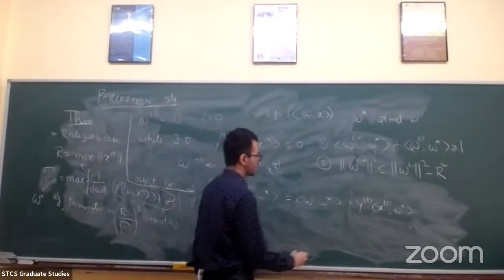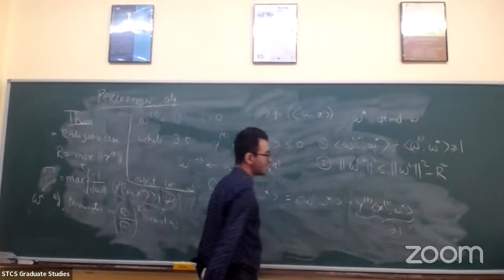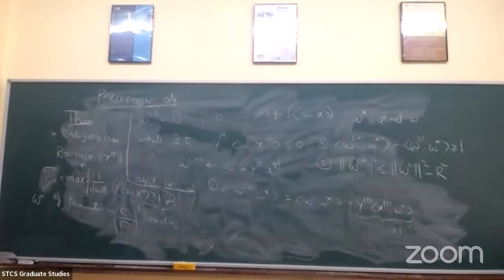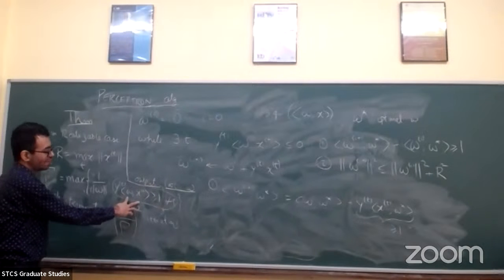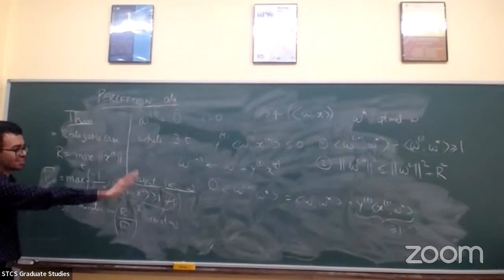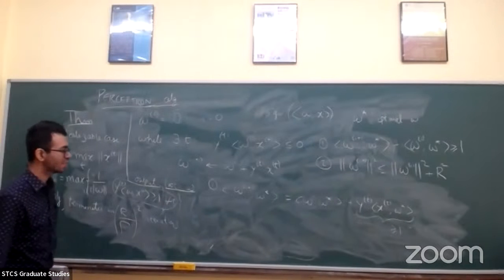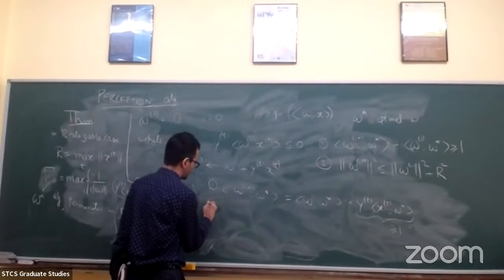And now I claim that this thing is at least 1. It's trivial actually, because we defined W star like this. W star satisfies these equations for everything. So that's it. Okay, great. So this is easy. Let's do the other one.